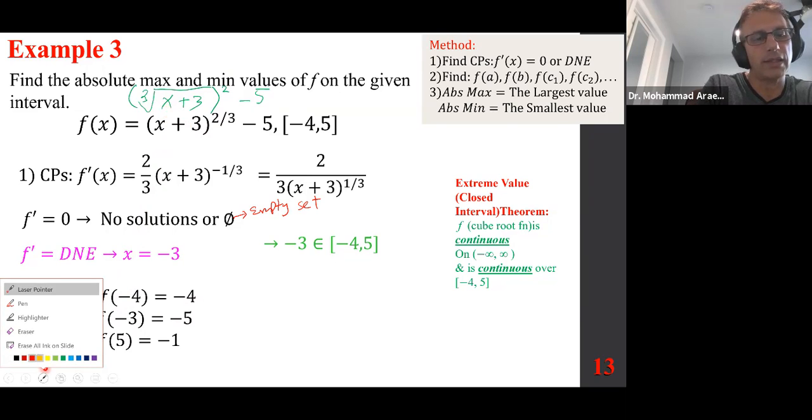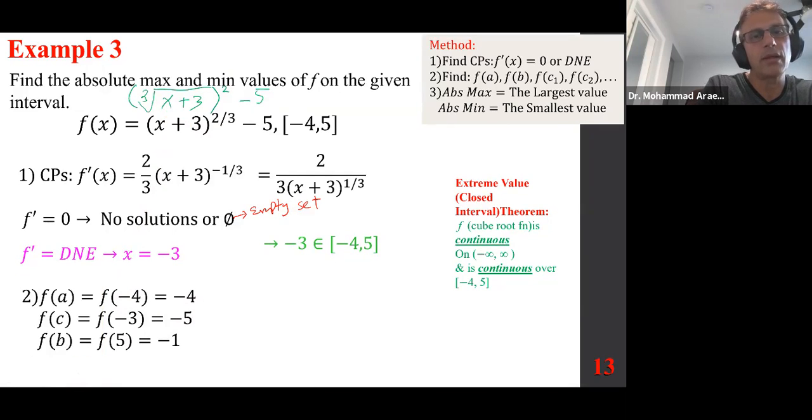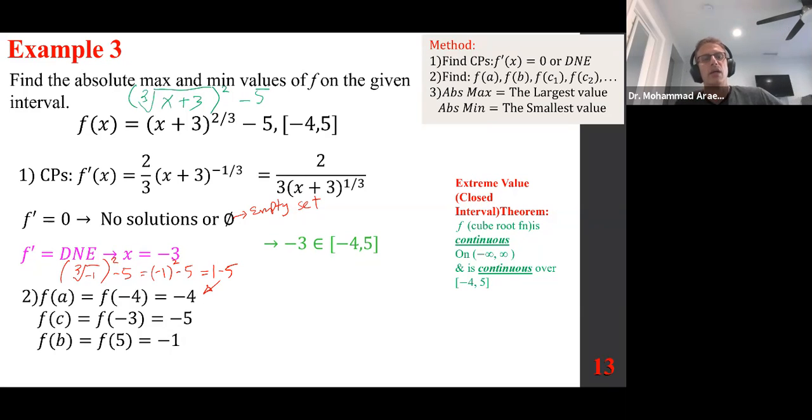So I'm going to write that as cube root of negative 1, squared, minus 5. Cube root of negative 1 is negative 1. I'm going to square it. I get positive 1 minus 5, and I get negative 4.